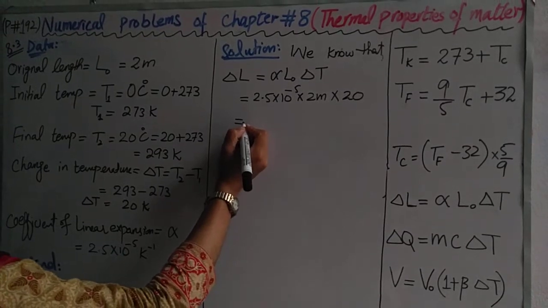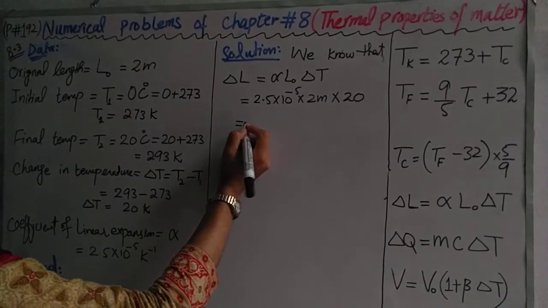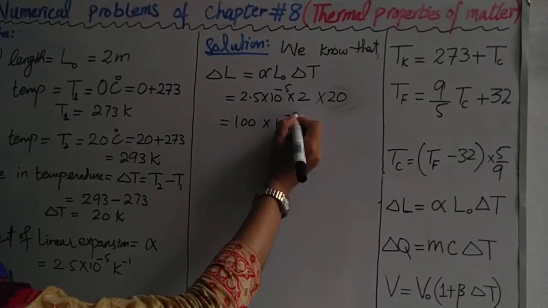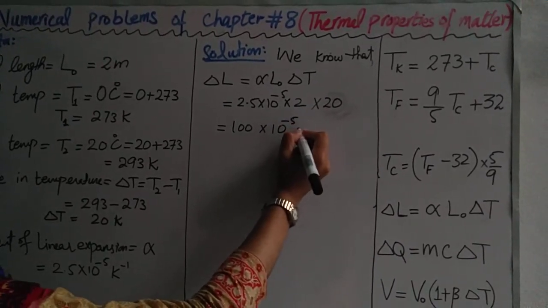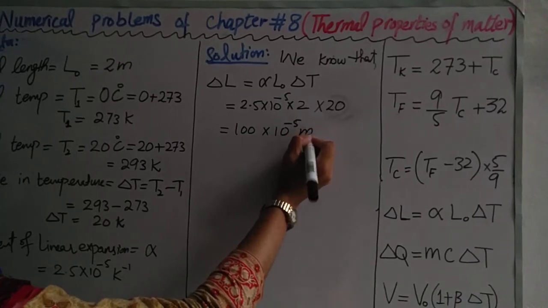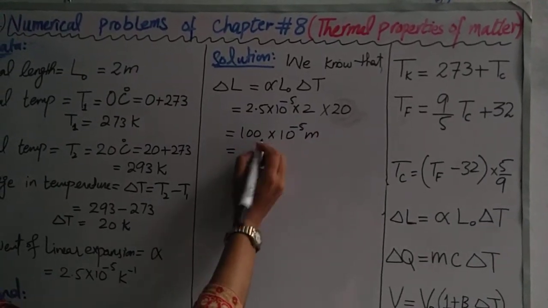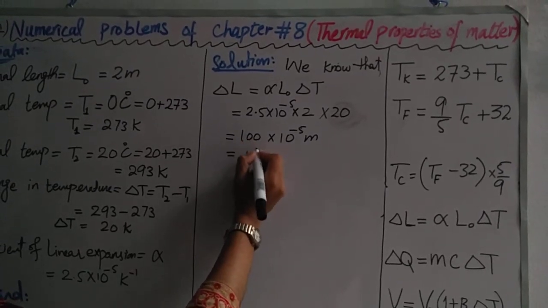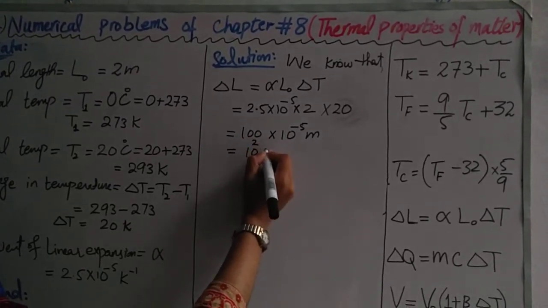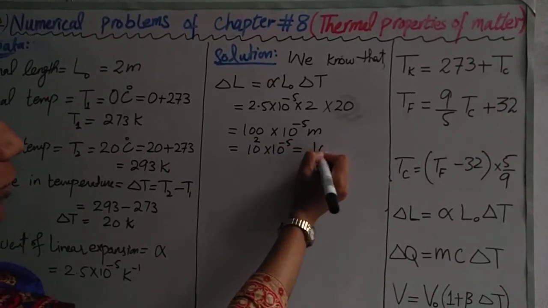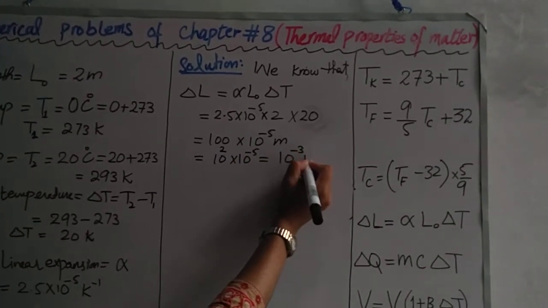By multiplying this, we have 100 into 10 raised power minus 5 meter. For the sake of simplifying this, we will convert into 100 into 10 raised power 2 into 10 raised power minus 5, which is equal to 10 raised power minus 3 meter.